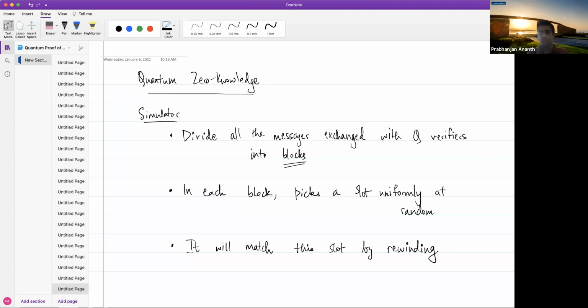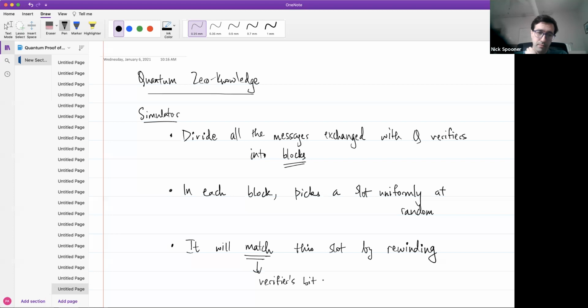By match, I mean that the verifier's bit is the same as the committed bit. And the other slots, it's not going to rewind them or anything. It will just ignore them.